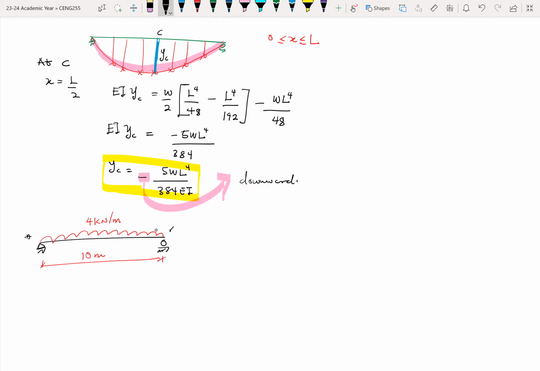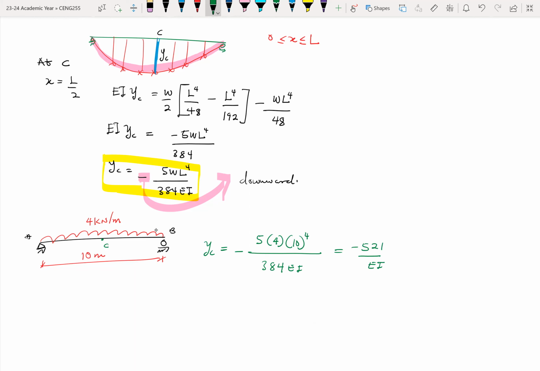This is A, this is B. If I want to find the deflection at C, which is the maximum deflection, then I can easily put that into this equation whereby yC is equal to minus 5 times 4 times 10^4 divided by 384 EI. So this should give us minus 521 over EI.